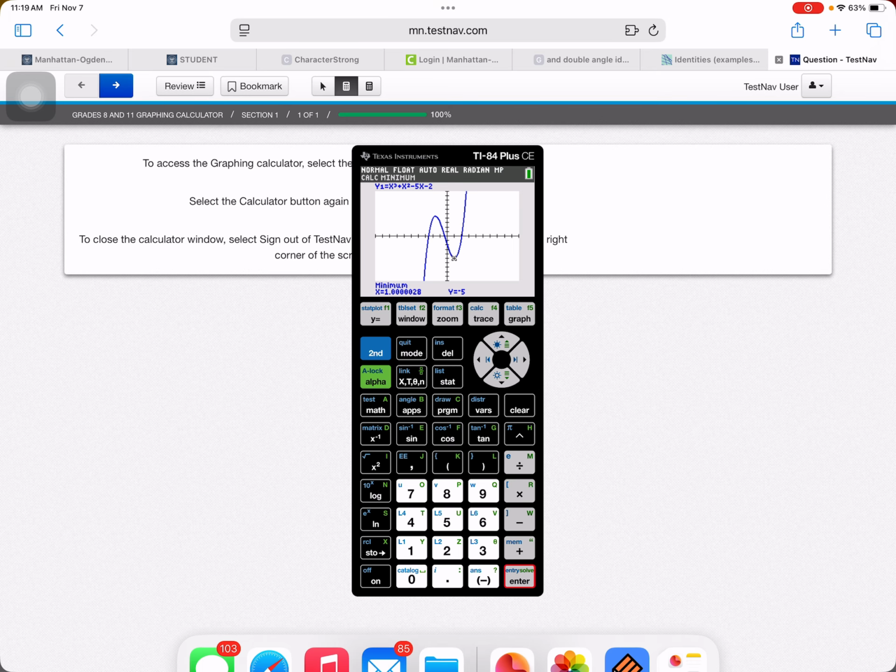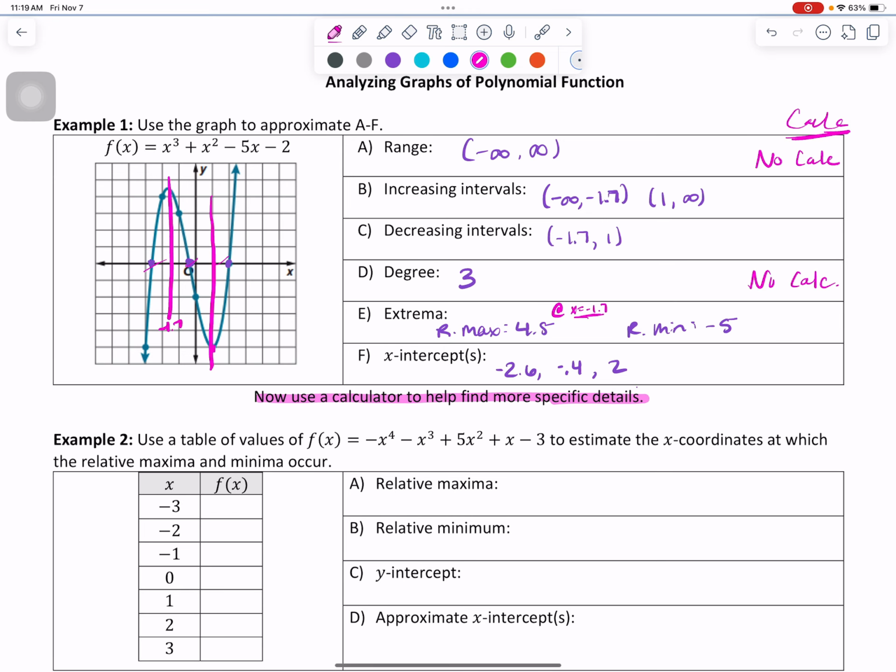So, hey, I wrote my min well, still negative 5. You can write that x value here, or we know that this is when x is 1. Okay, so it looks like I really guessed my x values for my intervals up there with the max and min.